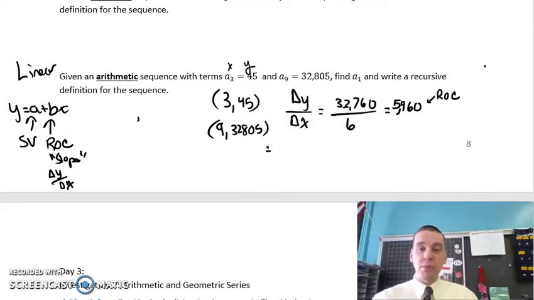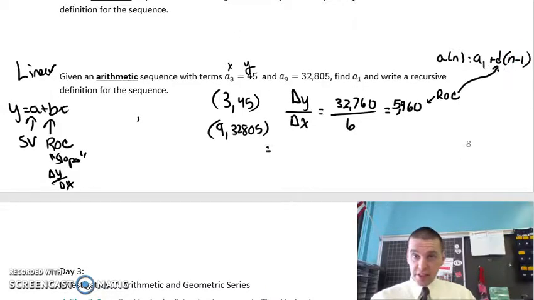Now we have to come up with a formula. Remember that our formula is A of n equals A1 plus our difference times n minus 1. This is our difference right there. We need to find our first term. We started at A1, that's why we have n minus 1 here. How many did we move over? We have A3. How do we get to A1? We have to move over twice. Let me explain this one to you.